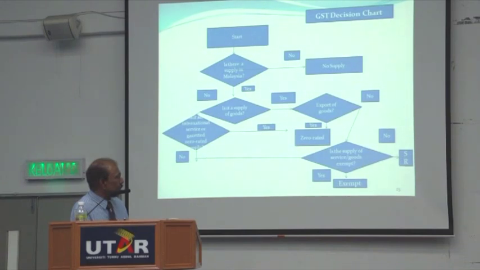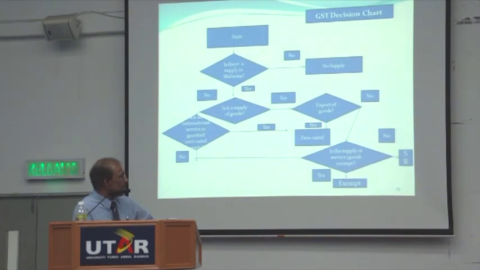Is it a supply of service or goods, exempt? If the answer is yes, then exempt. If the answer is no, then standard rated. SR here, I will put it in full, otherwise we're going outside, so it will be standard rated.